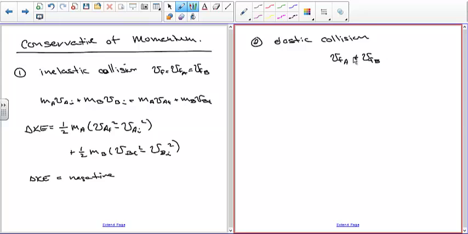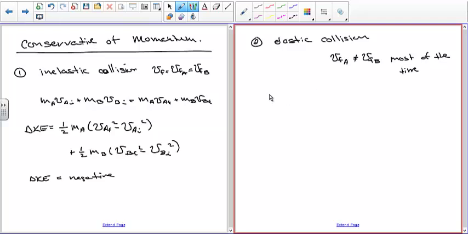I could come up with a case where they might both be 0, but it would be kind of unusual. It's in contrast to the inelastic collision, where they are always equal to each other. So v final A does not equal v final B most of the time, any time that we would consider this.